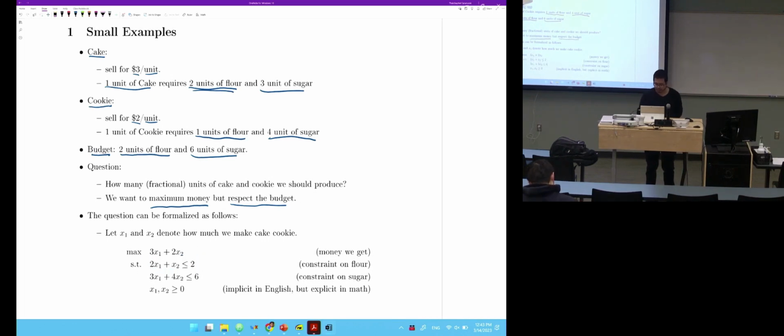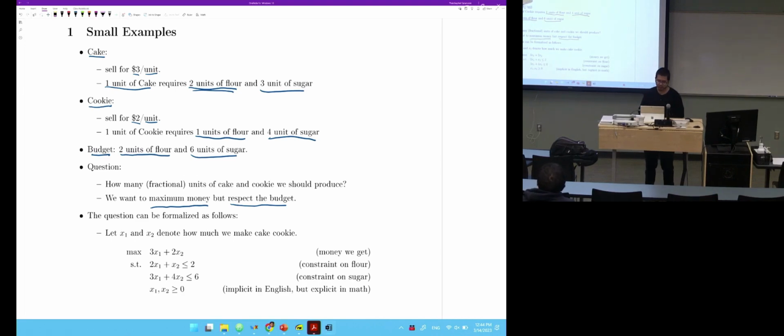You also have a similar constraint for sugar. And also, you can only produce non-negative units of cake and cookies. So you need to put this constraint as well. Although it's not in the English, you need to put it in math. Okay. So this makes sense, right? Just how to formulate a problem into this mathematical formulation.